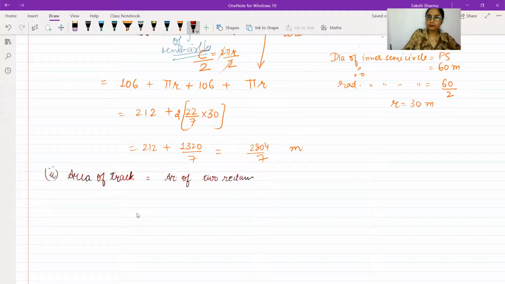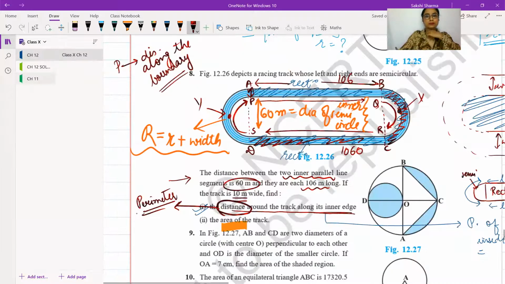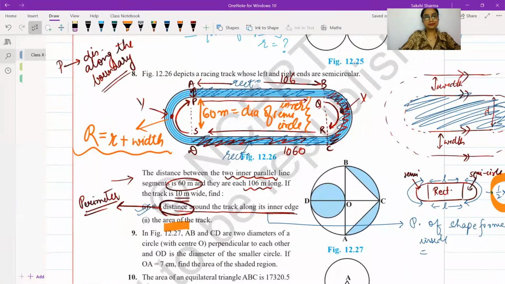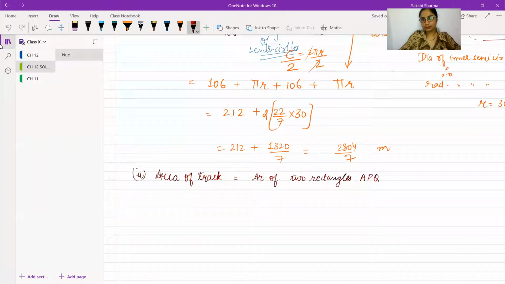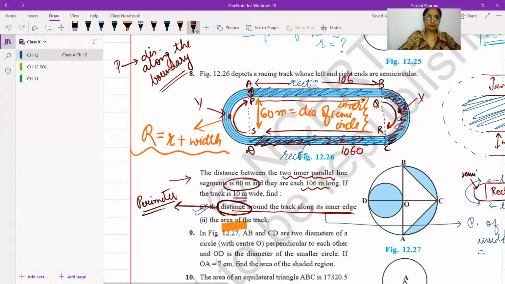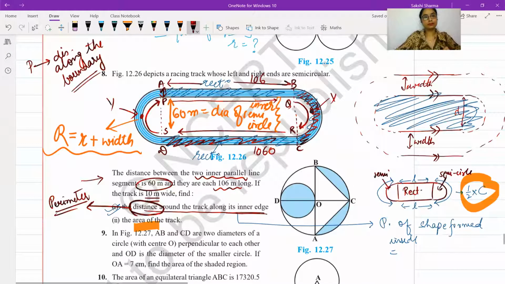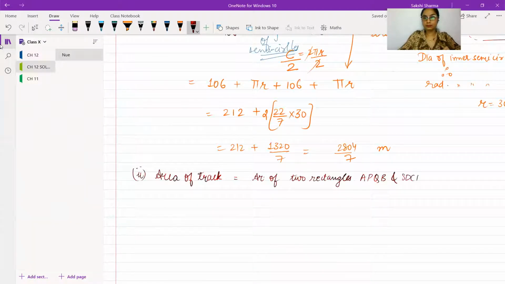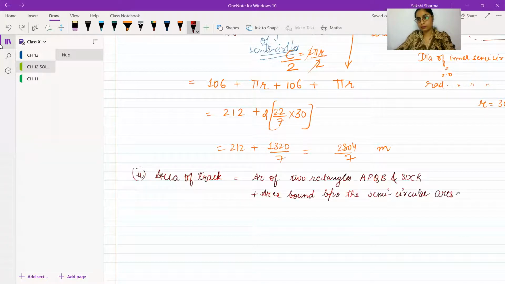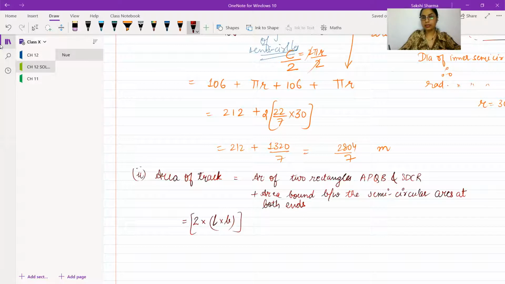two rectangles. The rectangles are AP, QB, this will represent the area of the two rectangles.